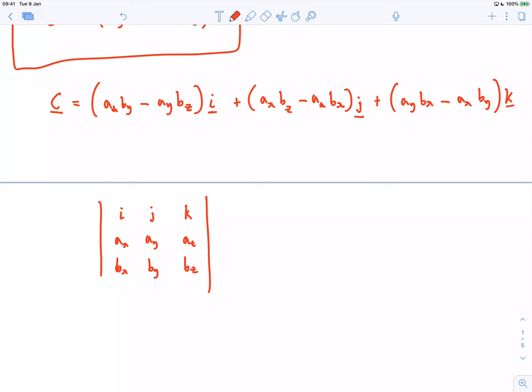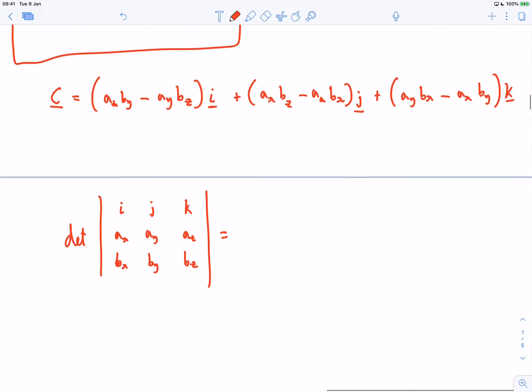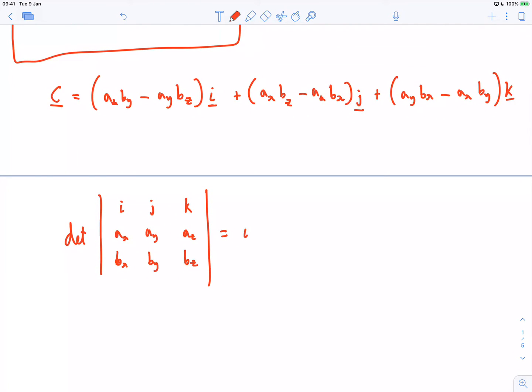What happens if I take the determinant of this thing? Well, remember our 3 by 3 determinants when we did matrices? You'll have I, lots of, and then because we're doing I, we'll cross out the I row and I column, and then we'll do AY, BZ, here it is, minus AZ, BY.